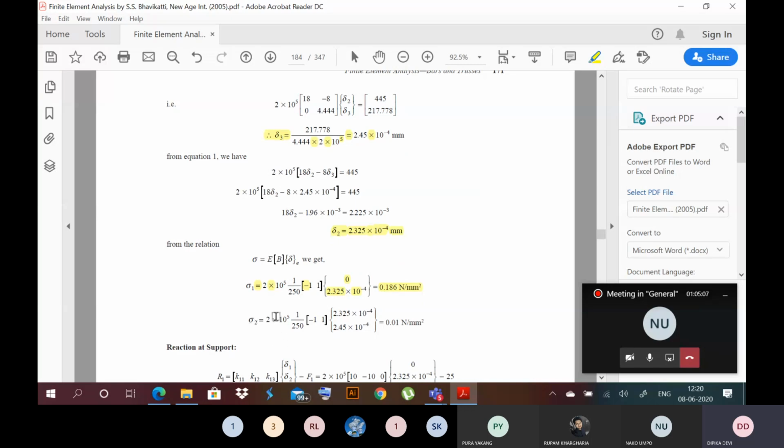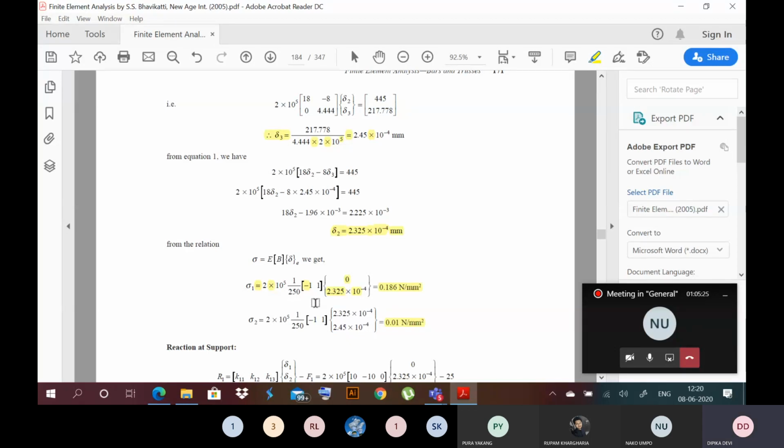Similarly, sigma 2 will be equal to E into B into delta of element 2, where delta of element 2 is delta 2 and delta 3. After multiplication, you will get the stress in element 2. So that way you can find out the stresses.